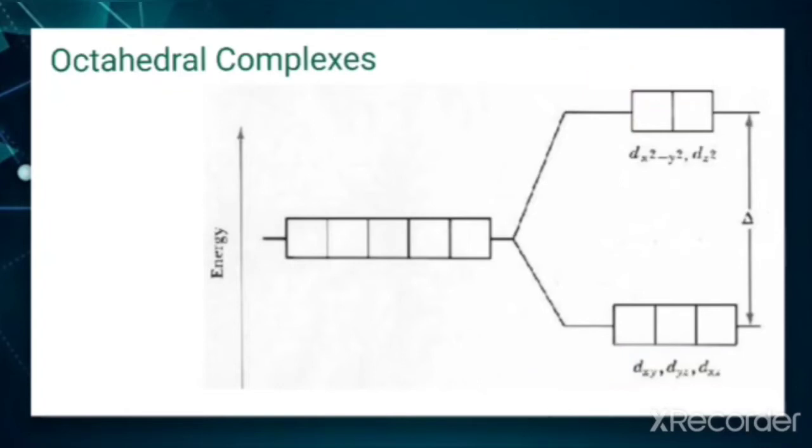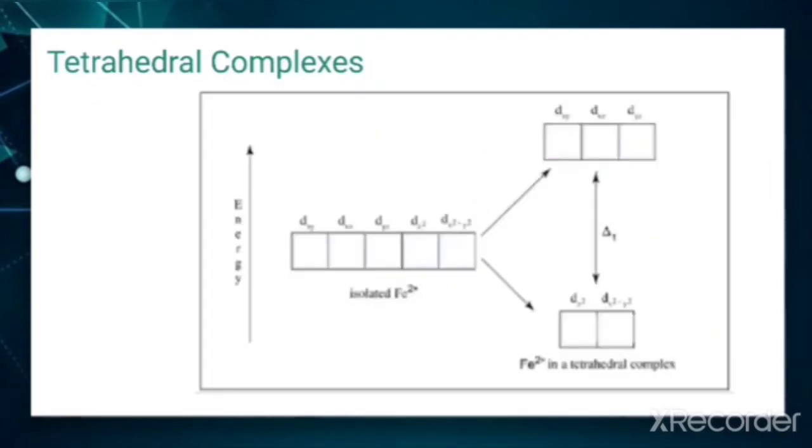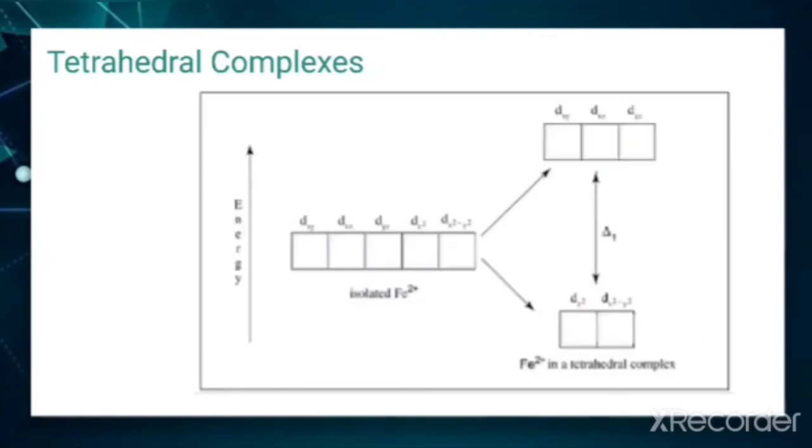But in the case of a tetrahedral complex, the diagram is made this way. Here the three boxes are made up and the two boxes are made down because of the energy variation. So for solving the problem, it is better to make this diagram.